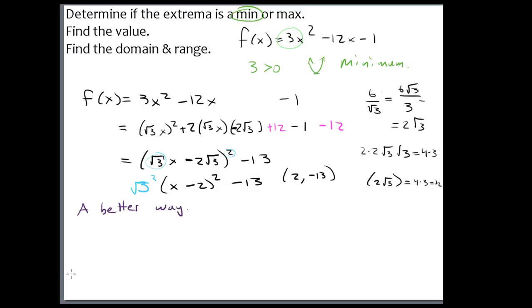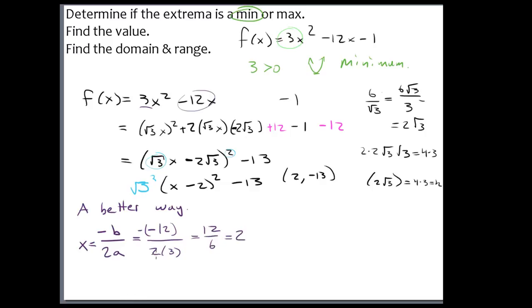A better way is, remember, the quadratic formula is just completing the square, done better, done automatically for us. If I take x is equal to minus b over 2a, so going back to here, minus negative 12 over 2 times 3. 12 over 6 gets me 2.